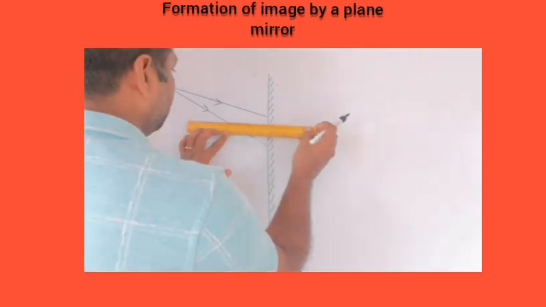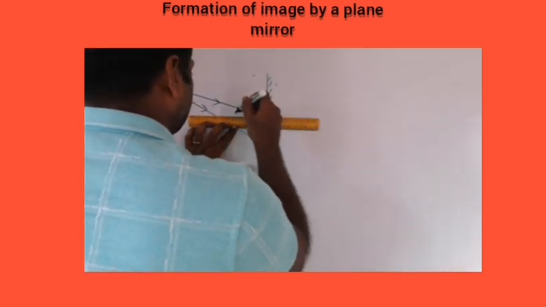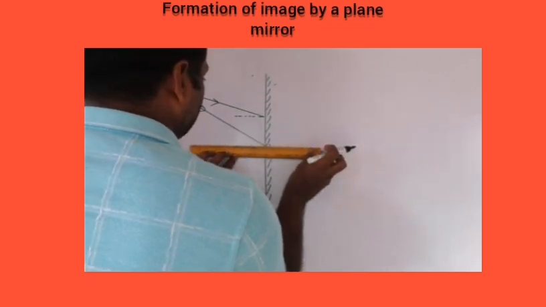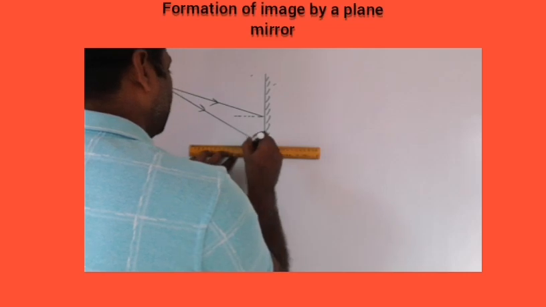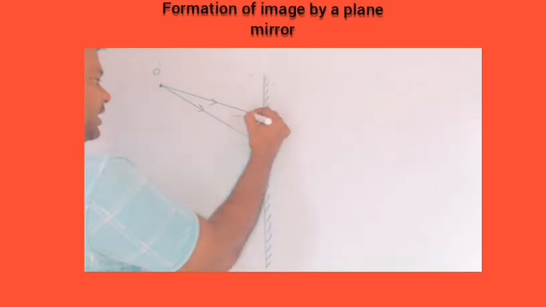So first of all, we need to take normals. This is a normal, and here is one more normal. Normal 1 and normal 2. Here is the angle of incidence.